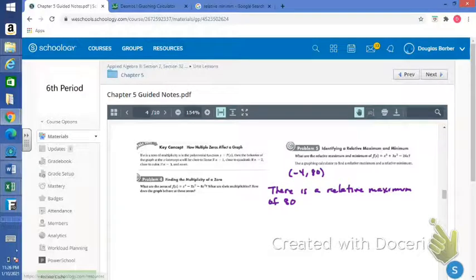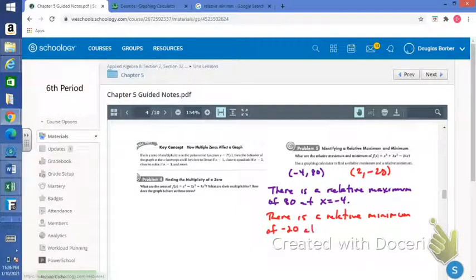So 80 is the relative maximum at x equaling negative 4. And then the relative minimum was at 2, negative 28. So we'll say there is a relative minimum of negative 28 at x equaling 2. Alright.